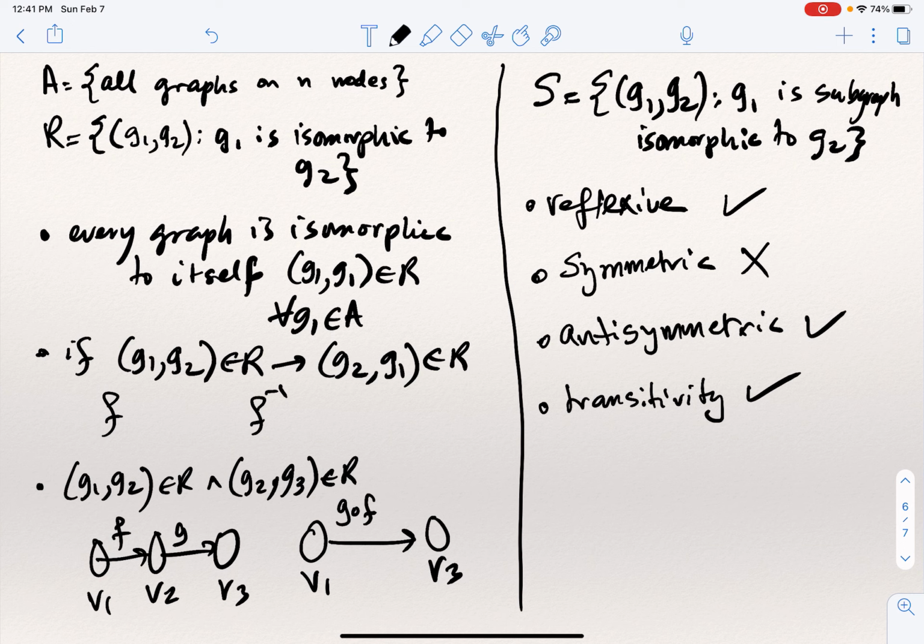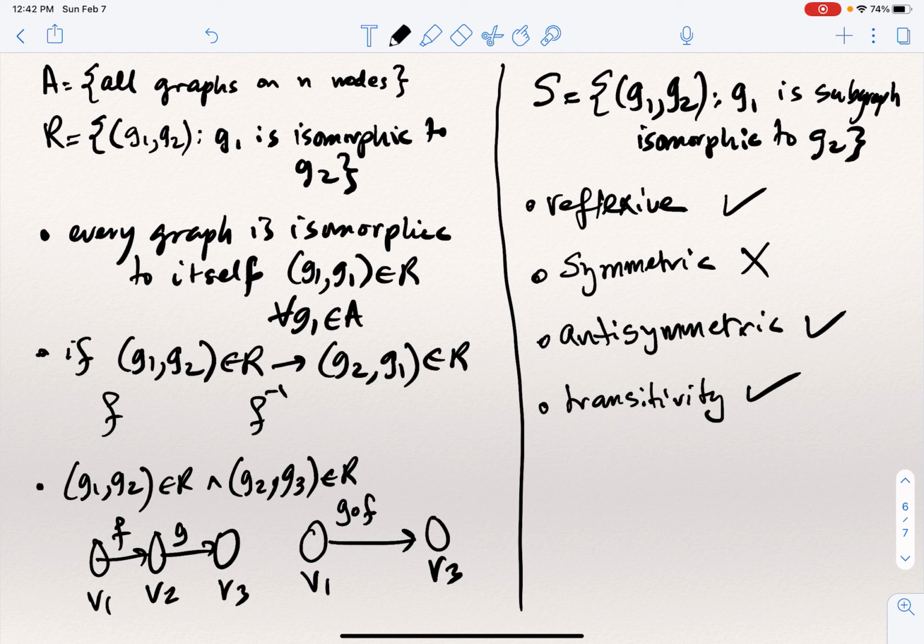So subgraph isomorphism defines a reflexive, anti-symmetric, and transitive relation on the set of all graphs of a certain number of nodes. So what does that tell us about S?